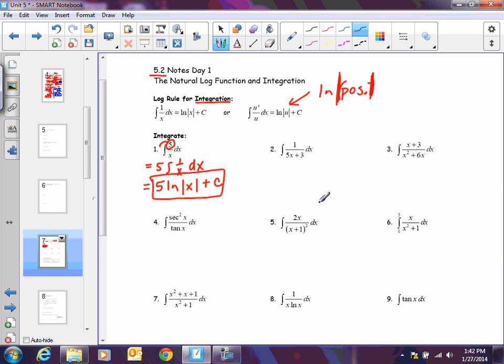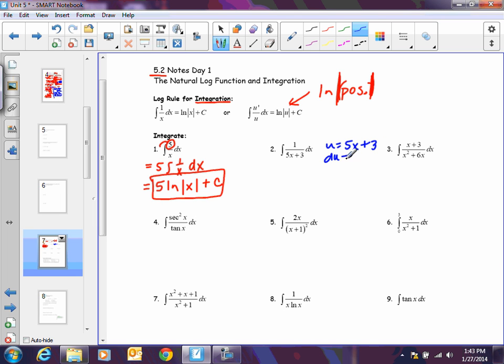Okay, so we look at 2, and really what we're looking for is where the numerator is the derivative of the denominator. It doesn't have to match up exactly. Like here, what's the derivative of the denominator? 5, okay? So anytime it gets a little weird, we just do a u substitution. We say u equals the denominator, 5x plus 3.